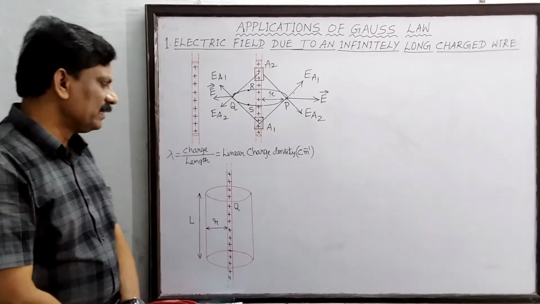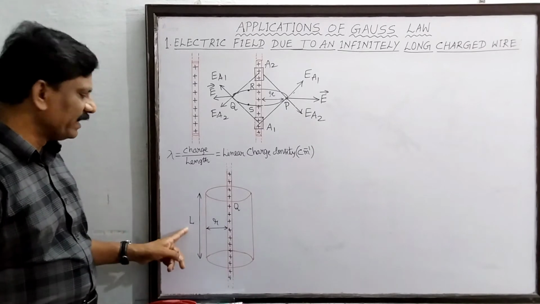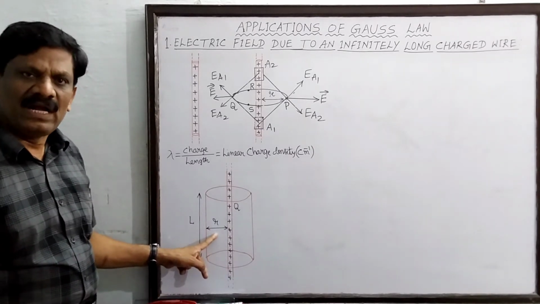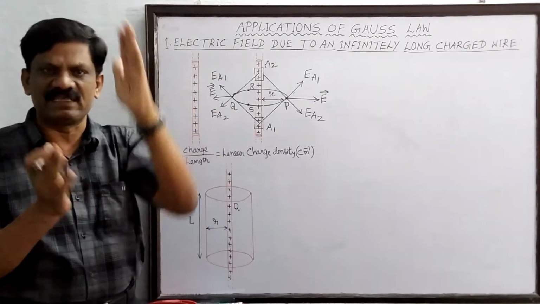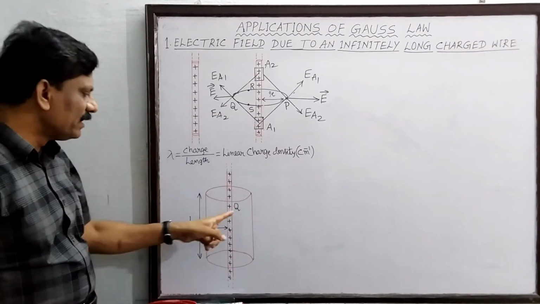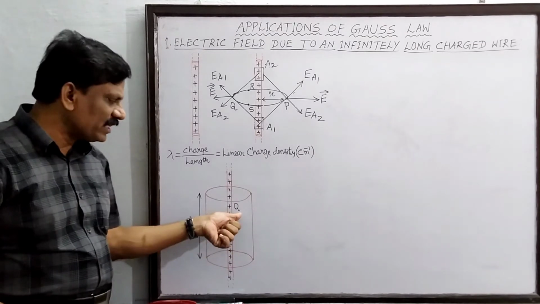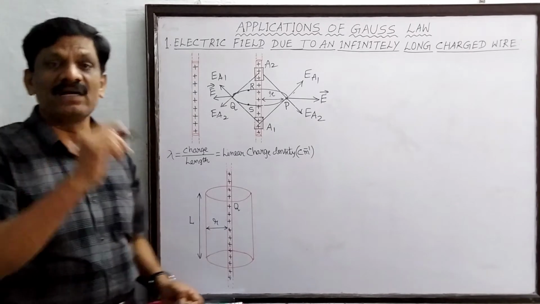You can see that the cylindrical Gaussian surface has a length L and a radius R, and in that Gaussian surface, how much charge is enclosed? That is Q. If you divide the charge Q by the length of the cylinder L, that must be a constant.